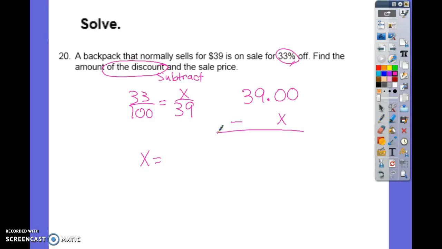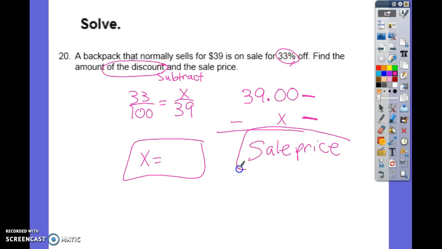So you're going to need to make sure that you emphasize what you get for your proportion will be your discount. And then once you take the original price and subtract what the discount was, then you will get your sale price. Finish that on your own.